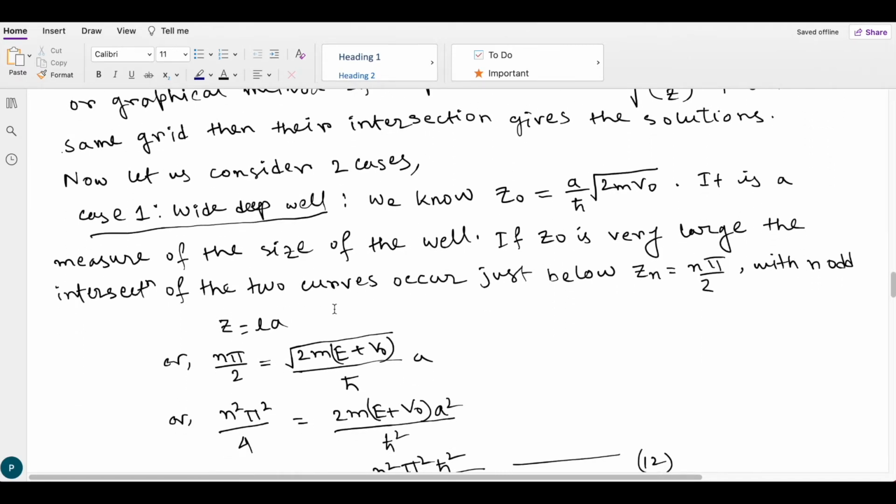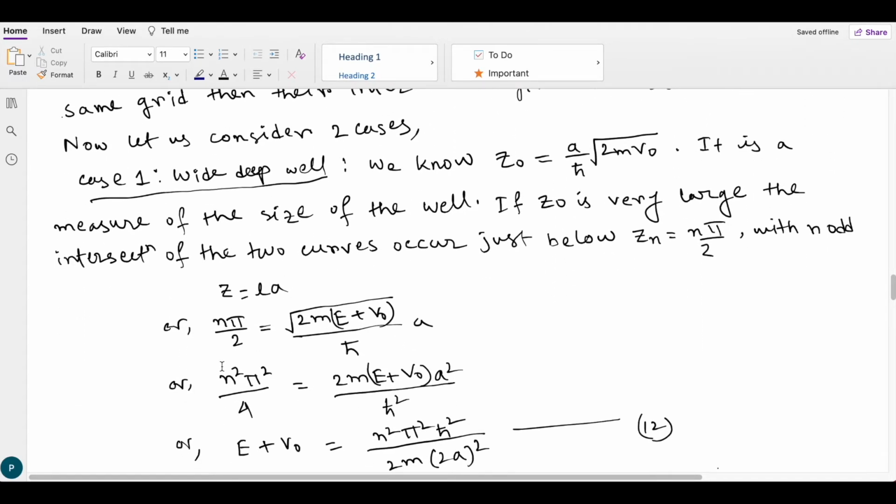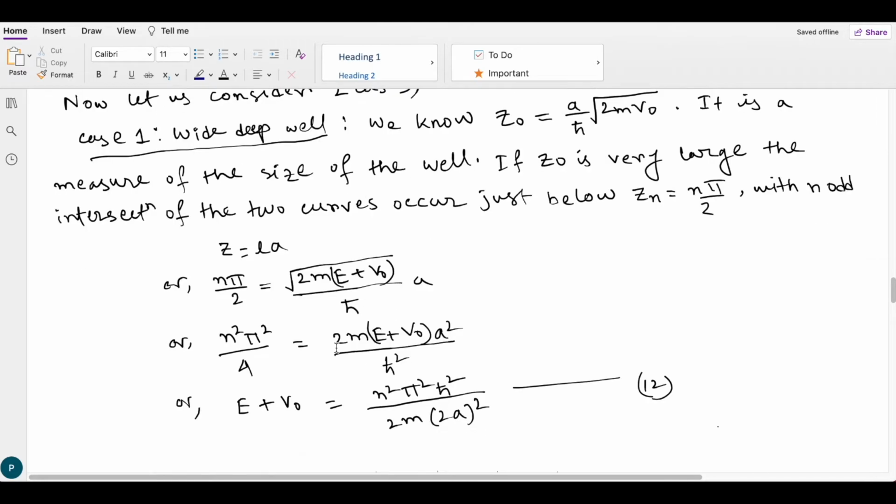So we know that z equals la, and we have solved the equation and get z's value as n pi by 2. We are putting that value here and putting the value of l, root over 2m E plus V naught by h cut. Now squaring both sides, we get this equation.